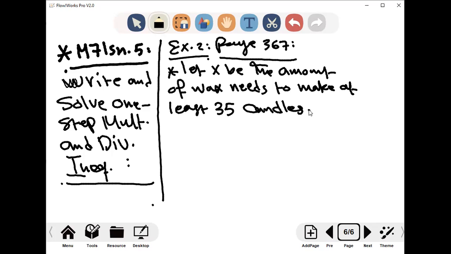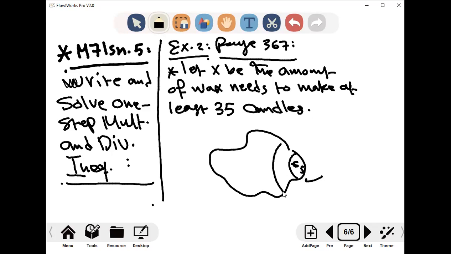Assume that this is the amount of wax, right? And I will take the first part, how much? 6.5 to make the first candle, right? Then I will take the second part. How much also? Then I will take the third part. Then what I'm doing here, I'm dividing the amount of wax, right?